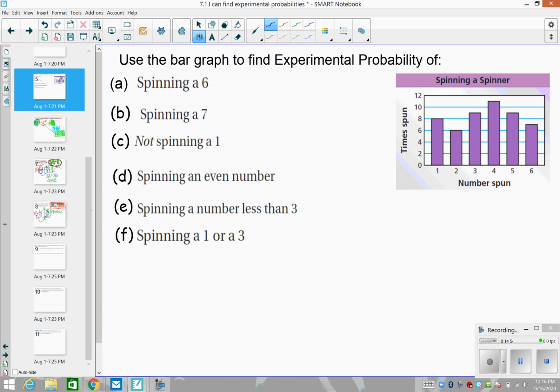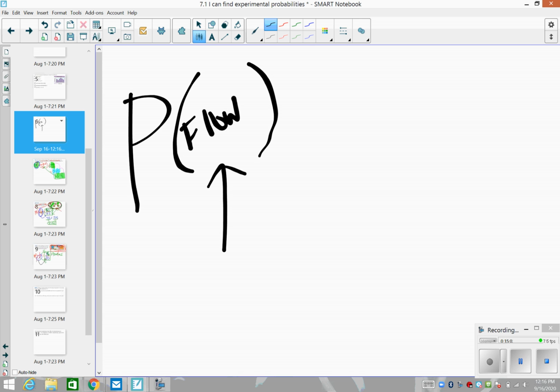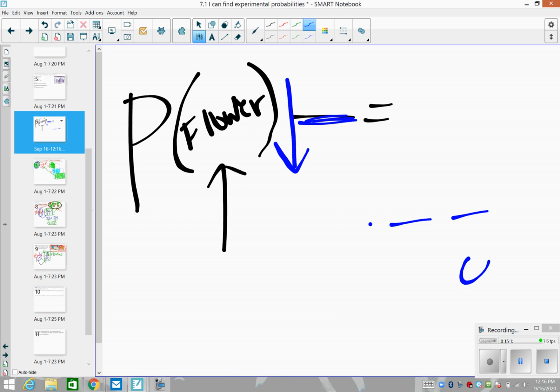And so our probabilities today: probability is written as a capital P of the event. The last one is the probability that we get a flower on a card, and that event is written as a fraction. There are times where we can simply divide that down and get the decimal and then the percent, meaning what percent of the time that happened.